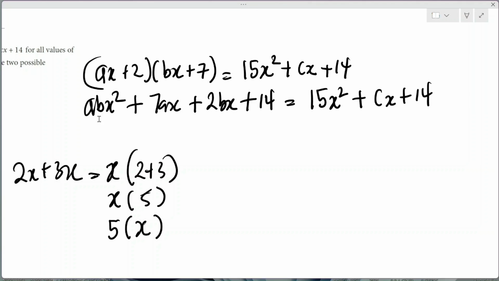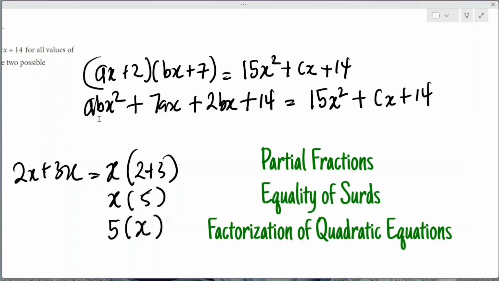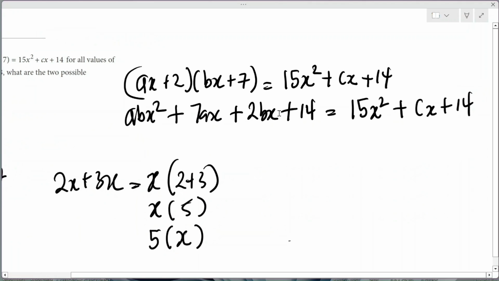What you're trying to do here is a concept which could be referred to as the equivalent method. It's used in topics like partial fractions, equality of sorts, and factorization of quadratic equations. Same applies to this. Now, if this is equal to this, you will notice that the coefficient of x squared here is 15 and the coefficient of x squared here is ab. We can say ab equals 15.